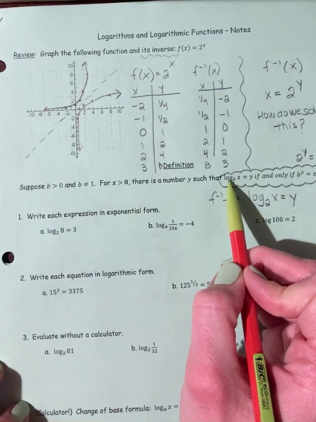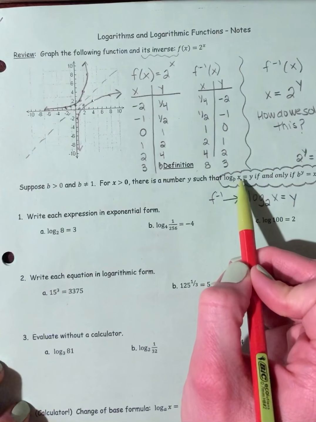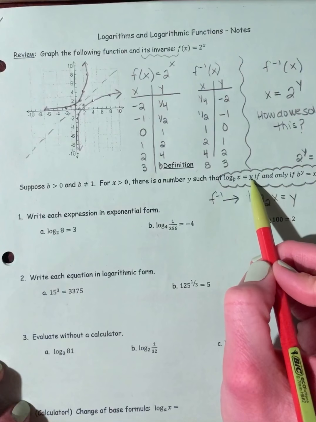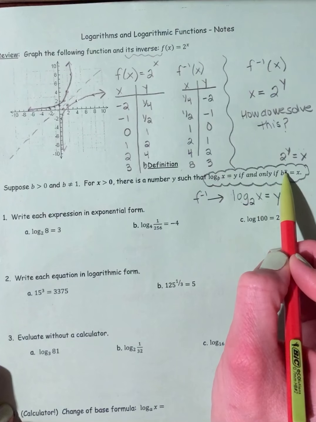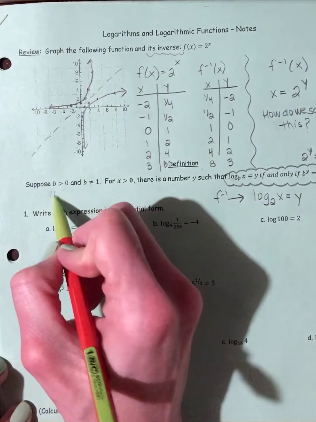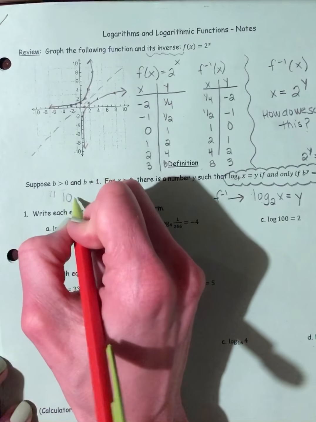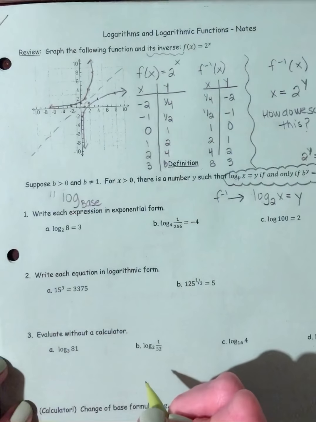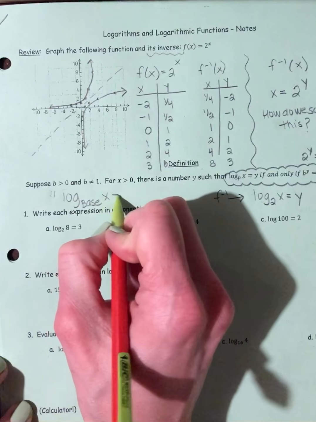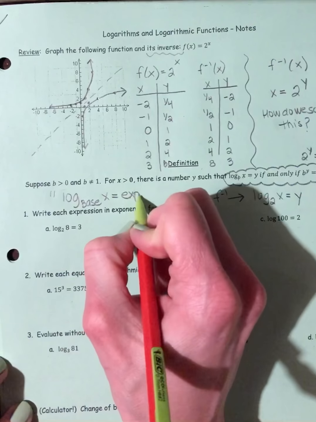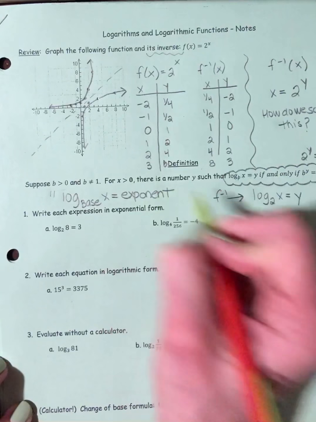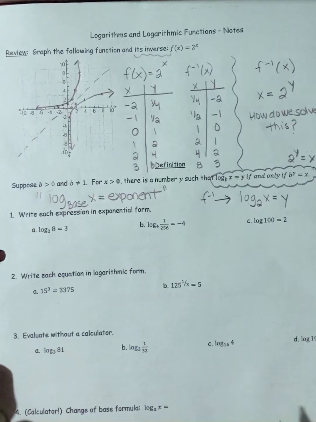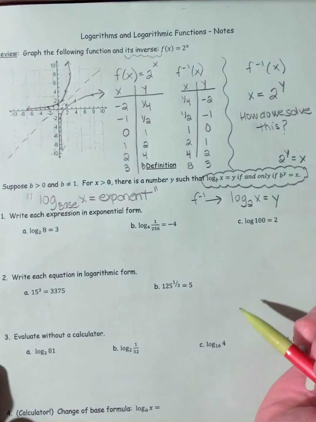So I always say log base b of x equals, now if you take a look, y is the exponent. So I always say to myself log base b of x equals the exponent. So it's giving us a way to solve for a variable that happens to be the exponent.